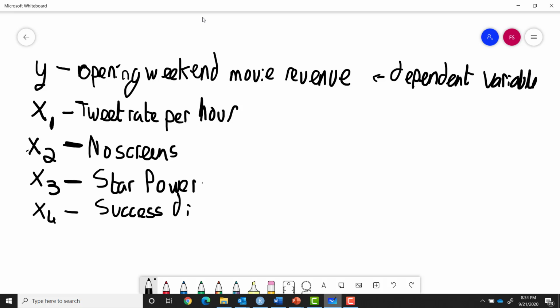And we can carry on adding more and more variables. So we have x20, what the stars had for breakfast, which is probably pretty useful. Useless, I mean.